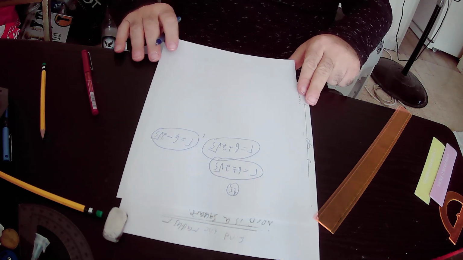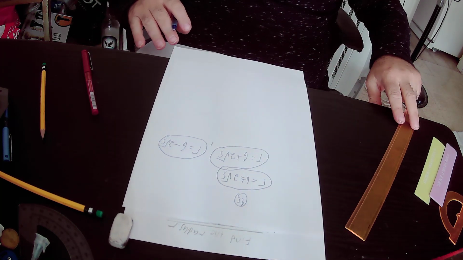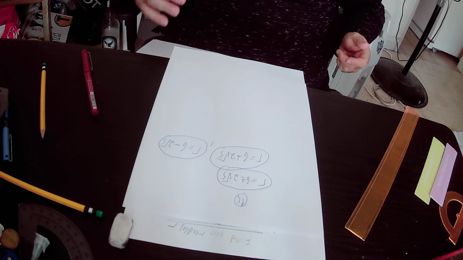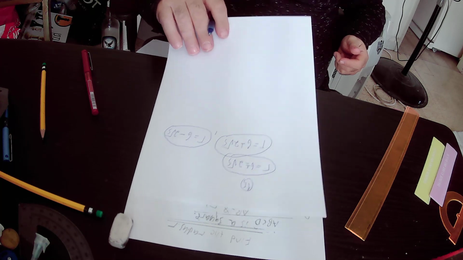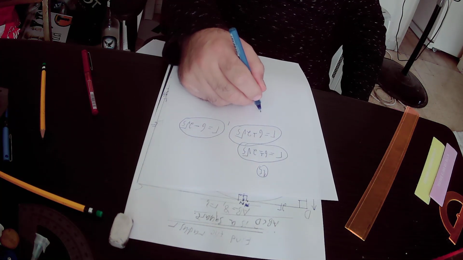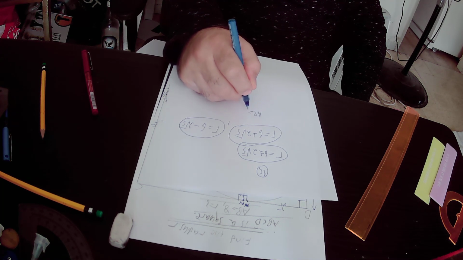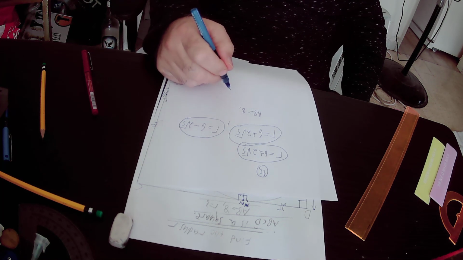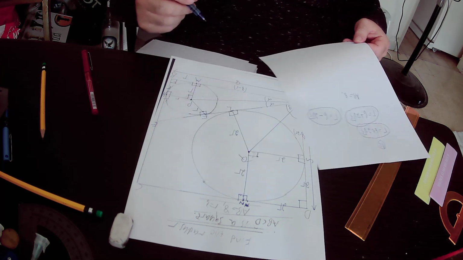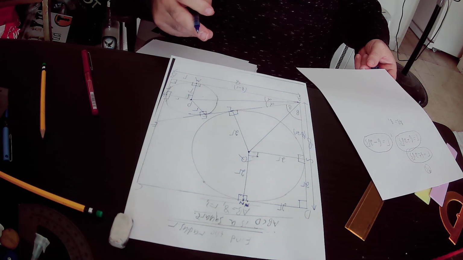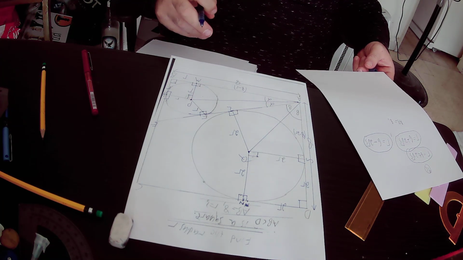Okay, but we know that one side of the square ABCD is 8 units, or AB, which equals all the other sides, is 8 units, and we also know that both the big circle and the small circle are inside the square.